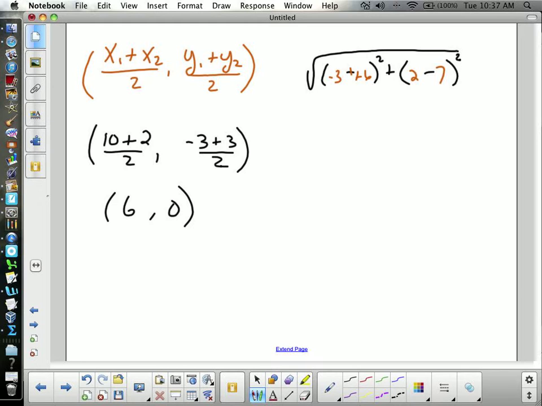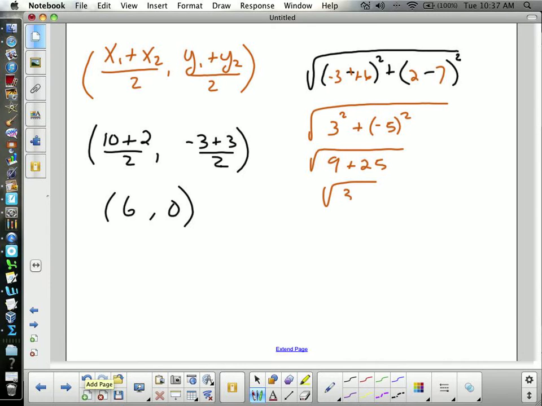So -3 plus positive, that changes it. So -3 plus 6 is square root. Don't lose that. Plus -5 squared. That's 9 plus 25, or the square root of 34, which does not simplify.